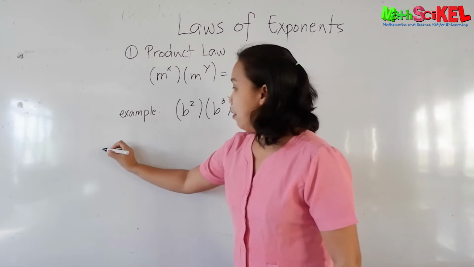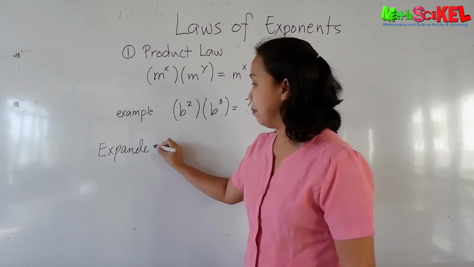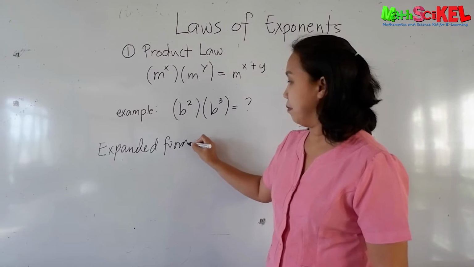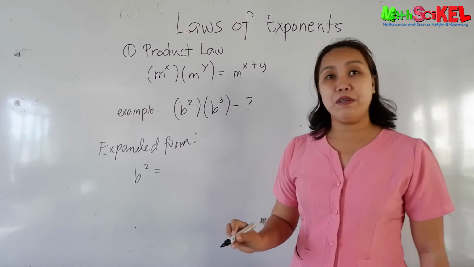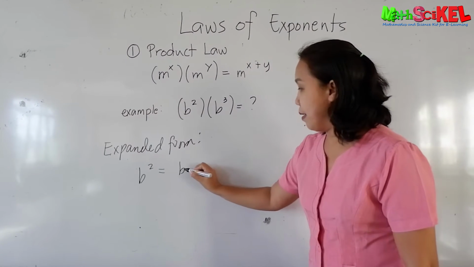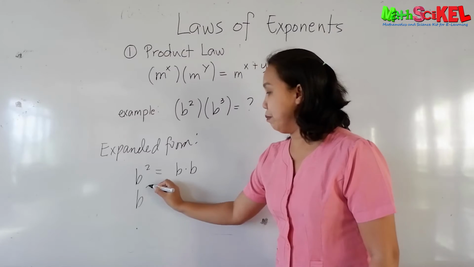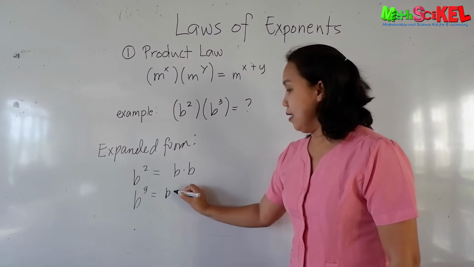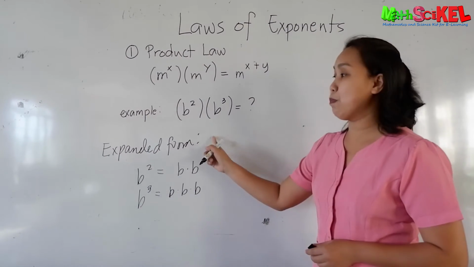Solution. Rewriting it using expanded form, b squared can also be written in the form b times b, as well as b cubed as b times b times b.